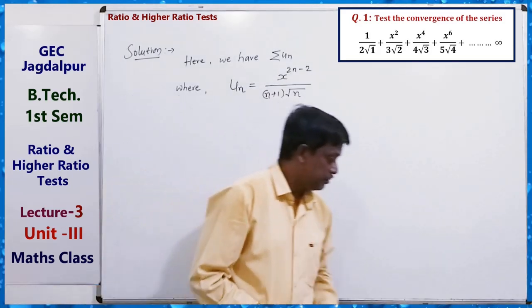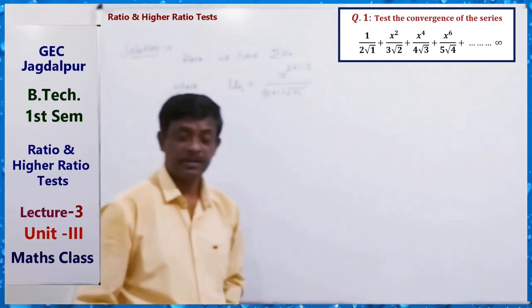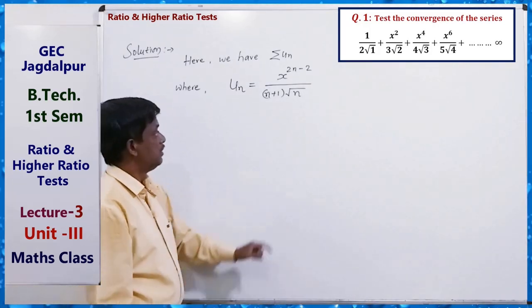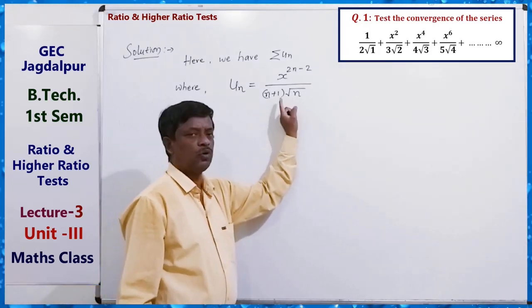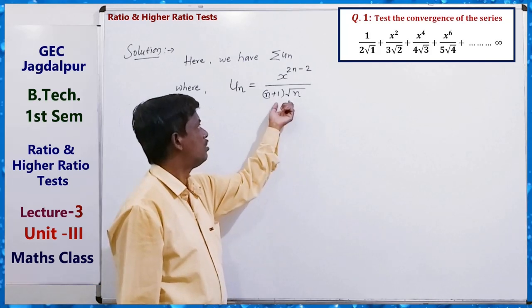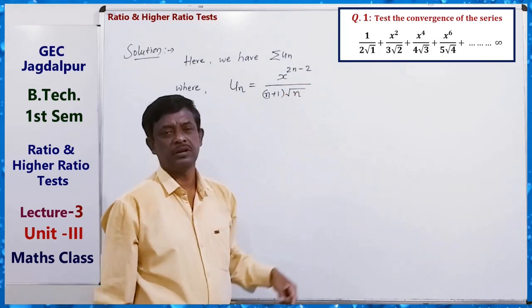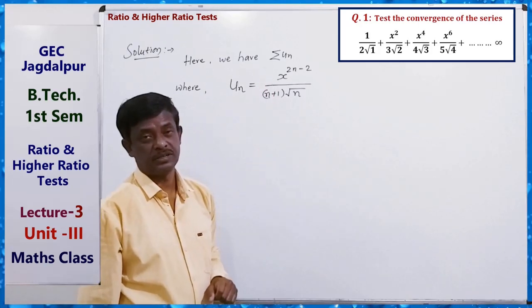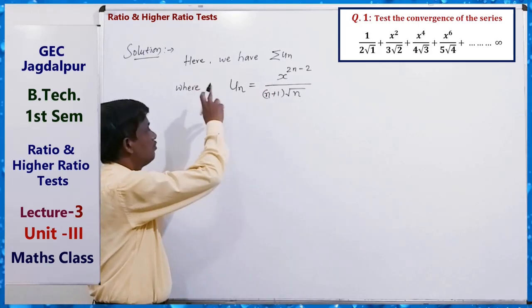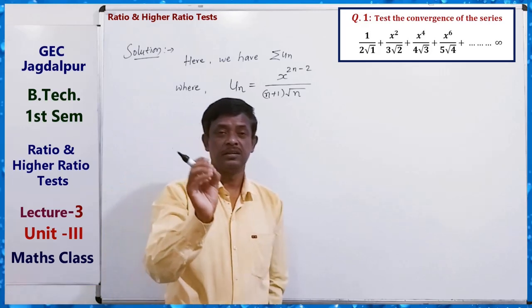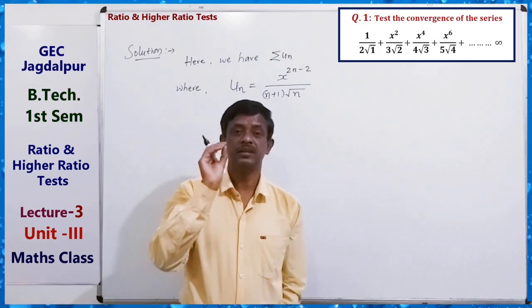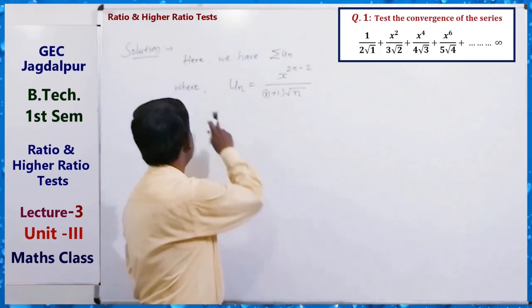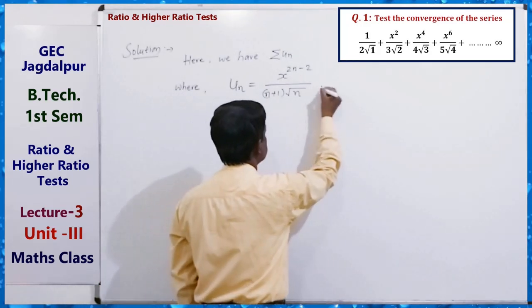Just see the root and the power of x. So we can use the ratio test. First of all, for testing we have to find un. Here un is equal to this.